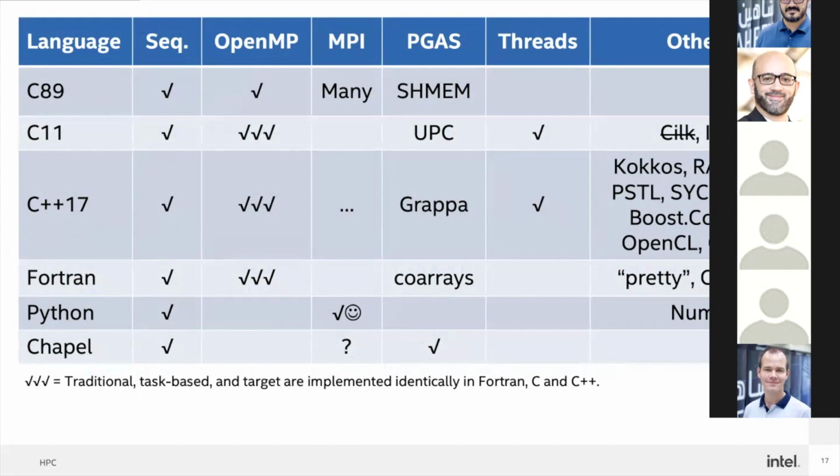We kind of let MPI stay where it is because I was ignoring MPI for a while, but we did Coarray Fortran, which is the PGAS for Fortran to complement UPC. I've written OpenMP in every language, in part because OpenMP doesn't always behave the exact same way in different languages based on your compilers. The Fortran and C syntax is occasionally different, etc. So there's some new stuff here with Python and MPI, and I think somebody wrote Chapel plus MPI, but I haven't looked at the code. So anyways, this is where things are.